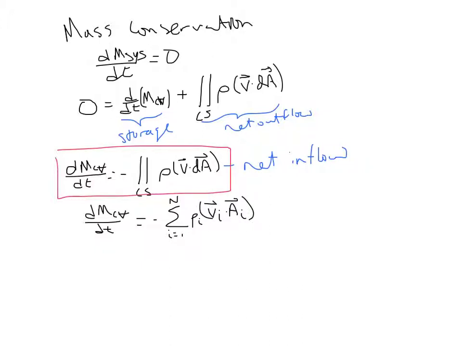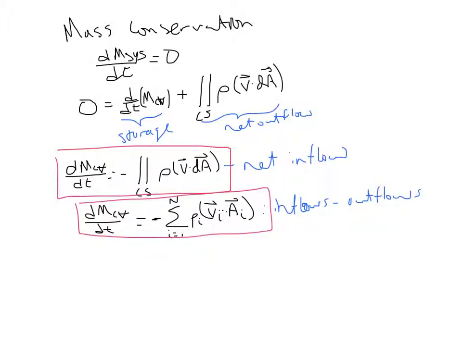And the sign of that dot product creates negatives for inflows, which combined with this minus sign in front means that those inflows are positive. So we have change in storage is equal to inflows minus outflows. And this is the second form of the equation that we frequently use.